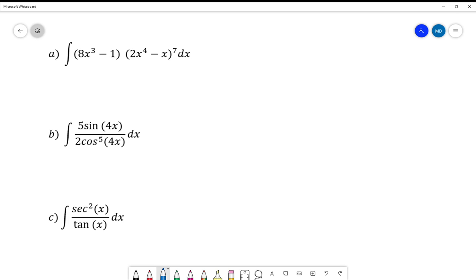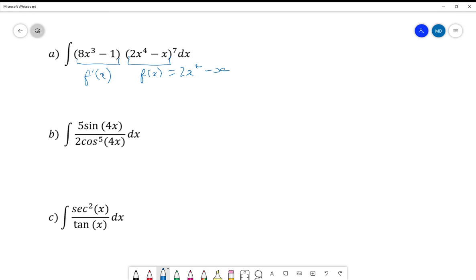So here our function is going to be f of x. It's going to be the 2x to the 4 minus x, and as we can see, this here is indeed f dash of x. It is the exact derivative of that bit inside.